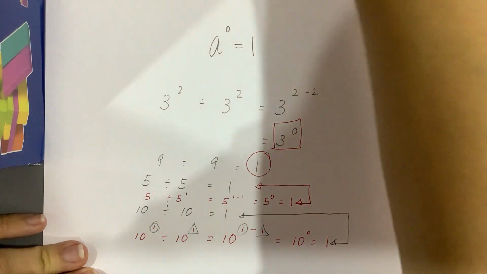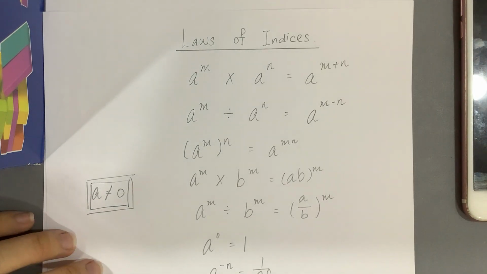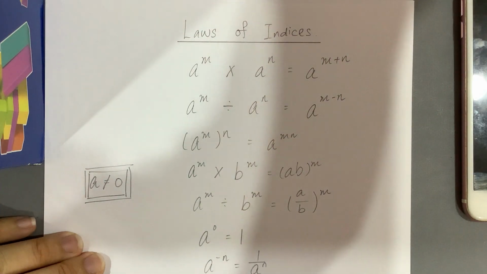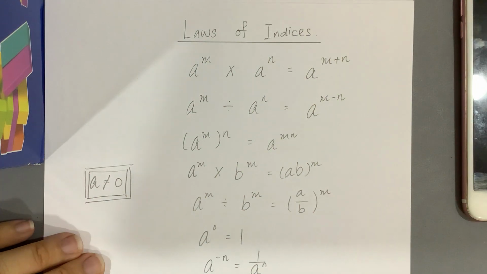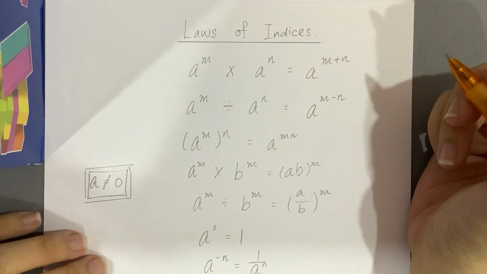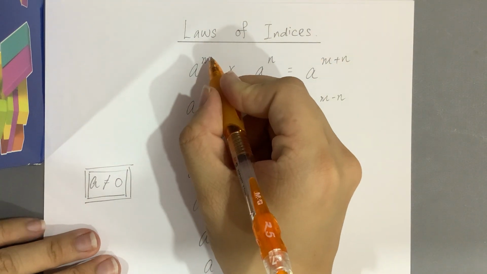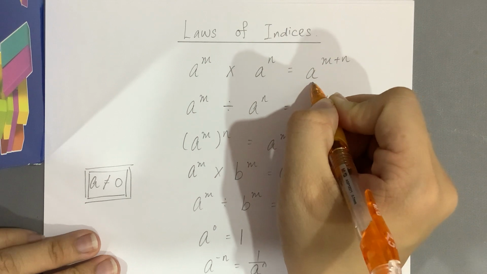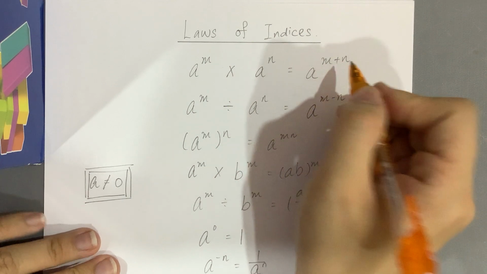Therefore, it concludes that a to the power of 0 equals 1. Now let's revisit the laws of indices. I have covered a few things. I have covered this, which is a to the power m times a to the power n equals a to the power m plus n.